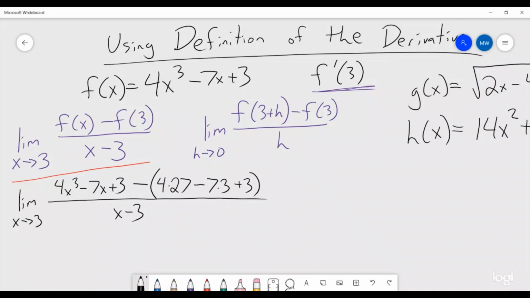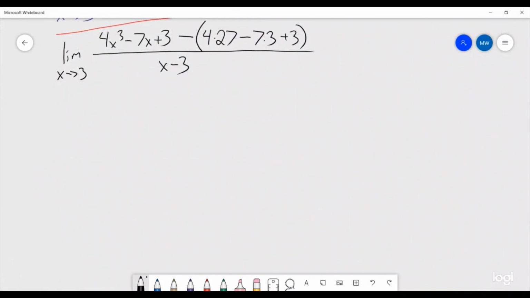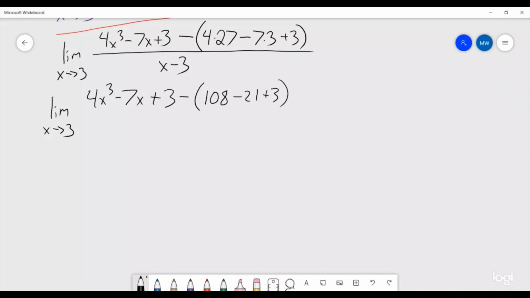So this is now what we're going to be going through and doing. So we get the limit as x goes to 3 of 4x cubed minus 7x plus 3 minus 4 times 27, that is 108, minus 21 plus 3, all over x minus 3.